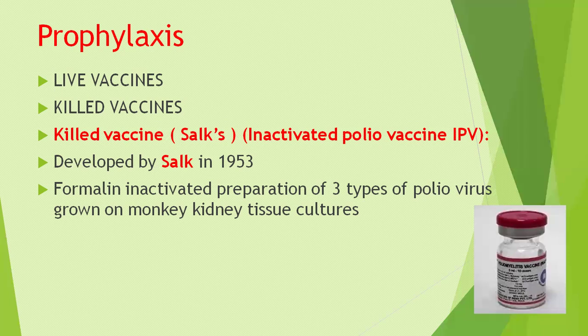Each dose of IPV, which is generally 0.5 ml, contains a total of 80 units of D antigen, that is dense antigen, of all three poliovirus serotypes. The total of 80 D antigen units includes 40 units of poliovirus serotype 1, 8 units of serotype 2, and 32 units of serotype 3.